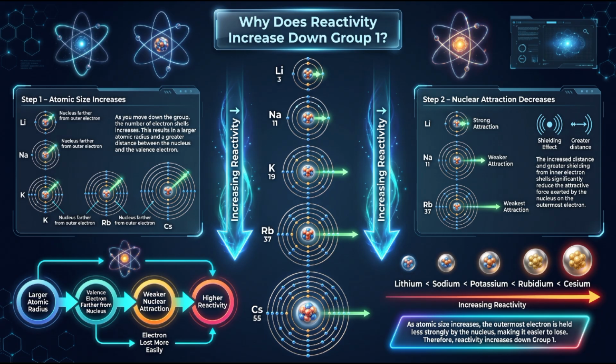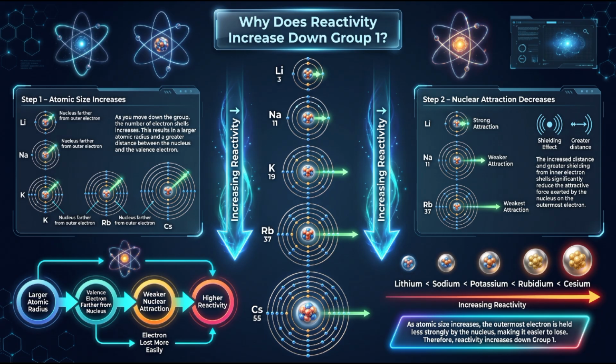The image demonstrates this by showing that lithium has strong attraction, sodium has weaker attraction, and rubidium has the weakest attraction among the illustrated elements. This decreasing attraction is one of the main reasons why reactivity increases down the group. Since the nucleus holds the outermost electron less strongly, the electron can be removed more easily.